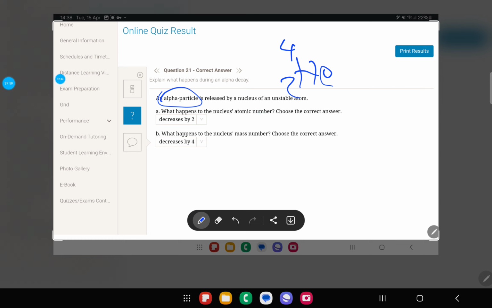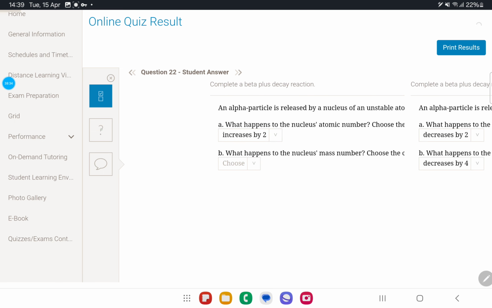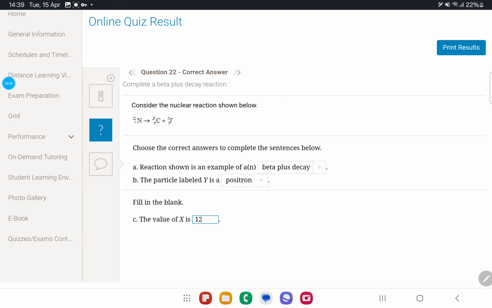Since it kicks out the protons, the atomic number will decrease by 2, since alpha has 2. And the nucleus's mass number will decrease by 4. Whatever number the alpha has, which is always 4 and 2, the atomic number will decrease by 2 and the mass number will decrease by 4. That's it.